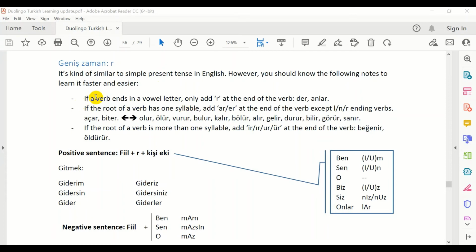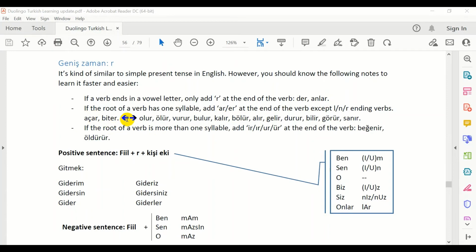First, if a verb ends in a vowel letter, only add r at the end of the verb. For example, demek means to say, der, he says. Anlamak means to understand. Anlar, it means o anlar, he understands.